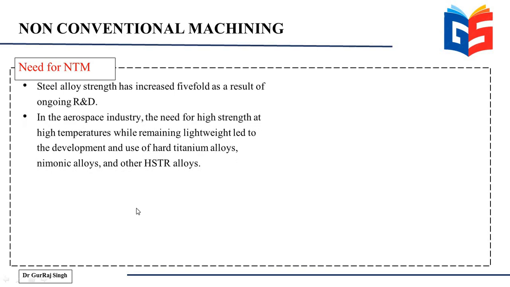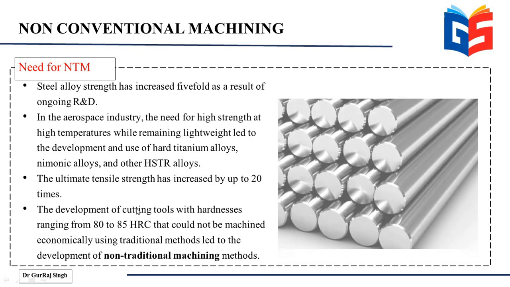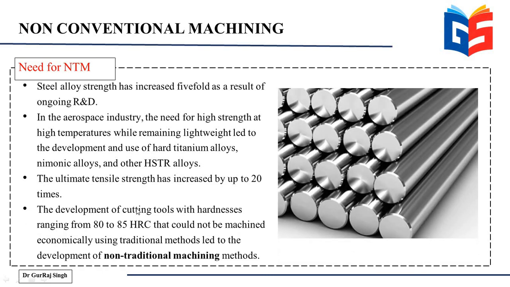Then in the aerospace industry, the need for high strength and high temperature alloys while retaining a lower weight has led to the use of hard titanium alloys, Nimonic alloys, and HSTR alloys as well. In light of all this, we have started looking for better methods, and non-traditional methods cater to our needs. Then the ultimate tensile strength has also increased by over 20 times.